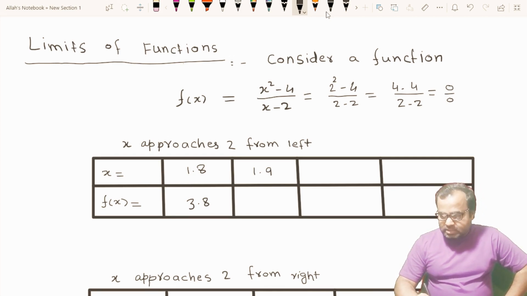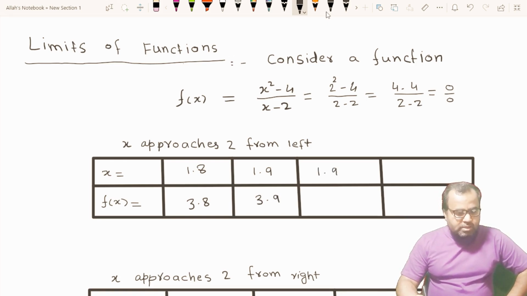When we put another value like 1.9, we will get 3.9. If I change the value to 1.99, our answer will be 3.99.